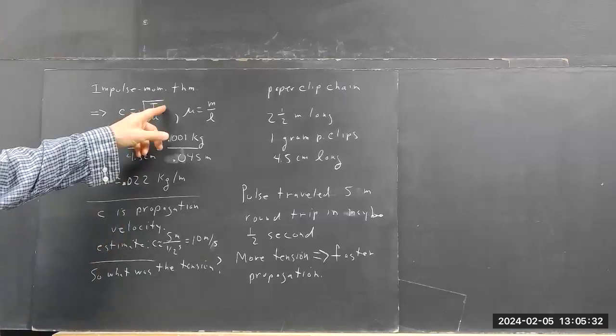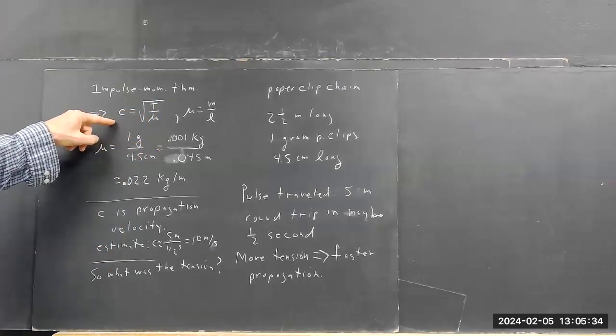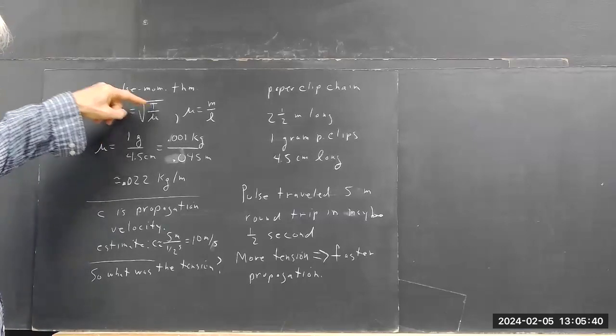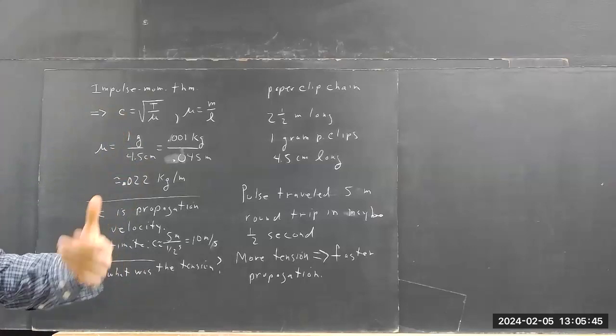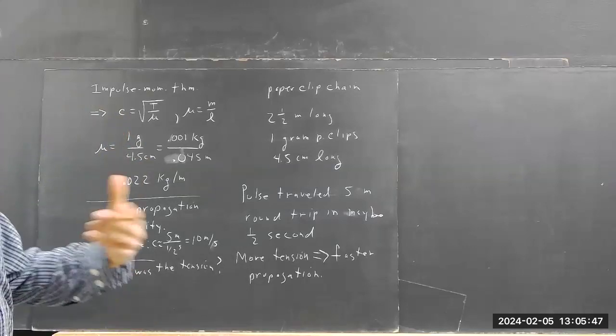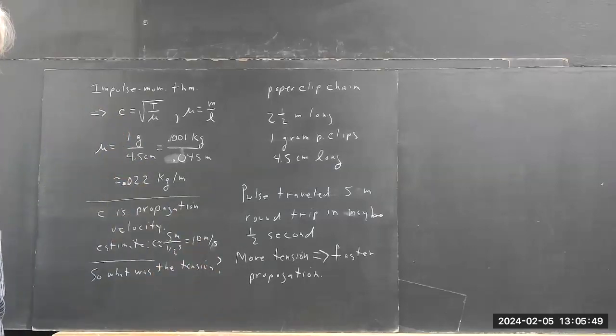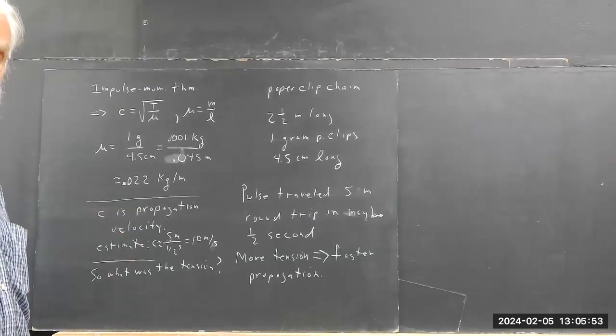So 45 times the tension should equal the square of the propagation velocity, which means that 45 times the tension ought to be 100 meters squared per second squared. So the tension ought to be about 2 newtons. That's around what you got. I think you said maybe 2 point something.